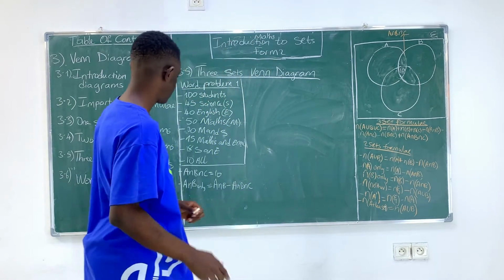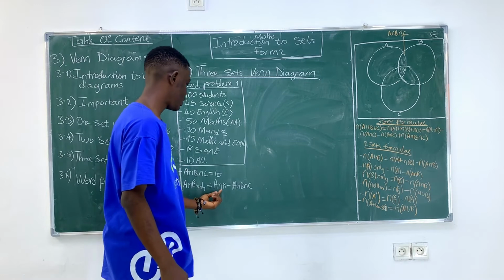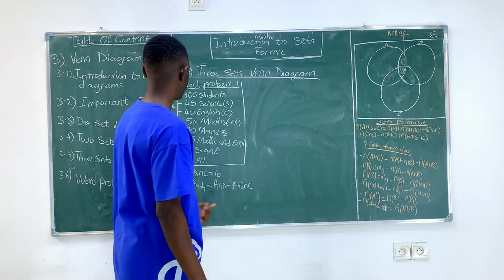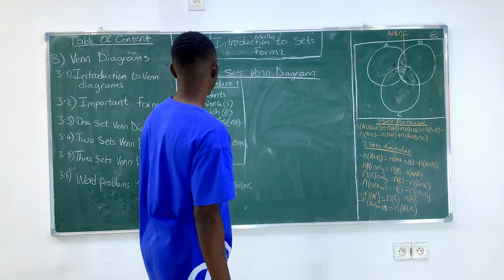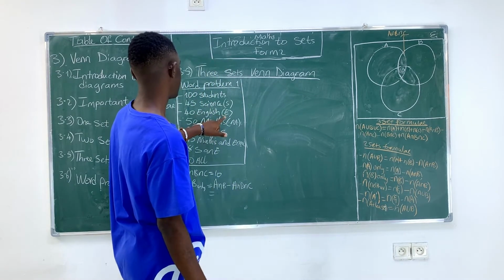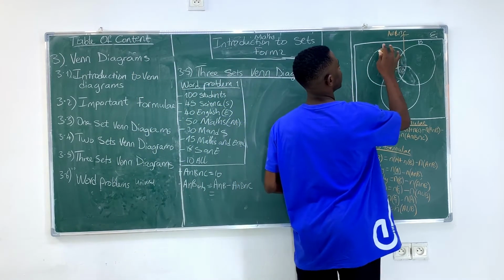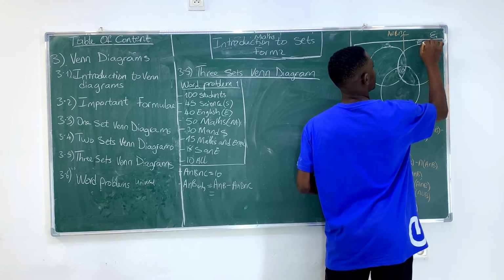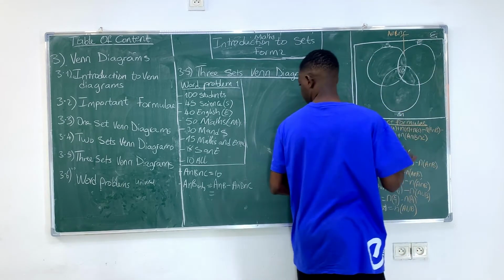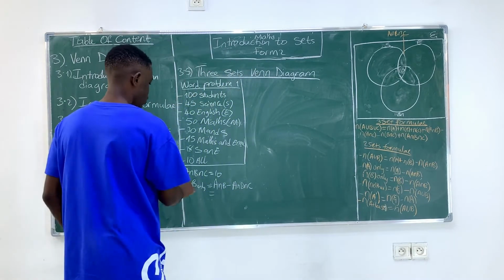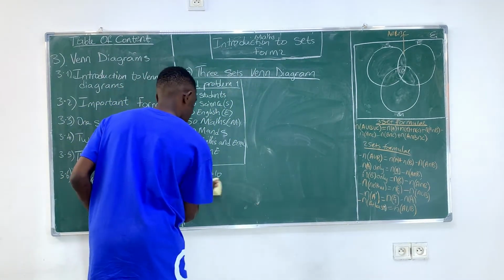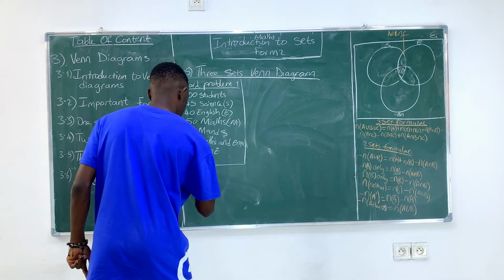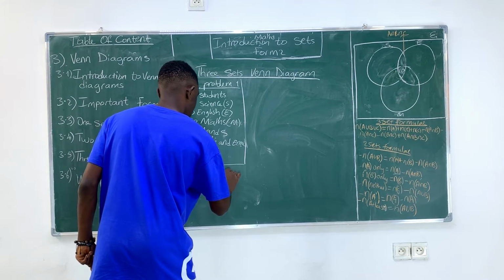So what is this going to be? We have A intersection B only is equal to A intersection B minus A intersection B intersection C. In this case, we have science, English, and maths. Science intersection English intersection maths is equal to 10.